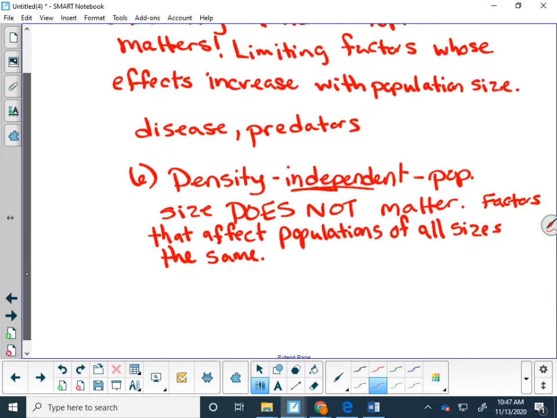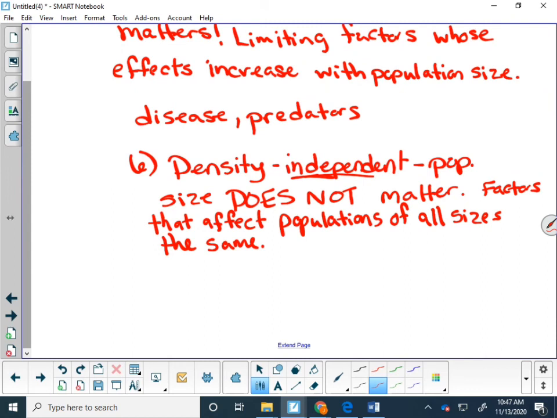And as he mentions in the video, a lot of times density independent factors will be described as a large natural disaster. So like a forest fire, a hurricane, a tornado, but it doesn't always have to be that extreme. It can be something like weather. An example of weather, a few years ago, up in Hendersonville in that area, in the apple orchards, there was an unseasonable frost.